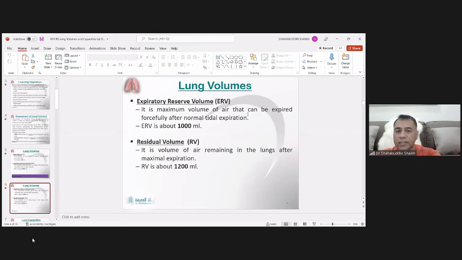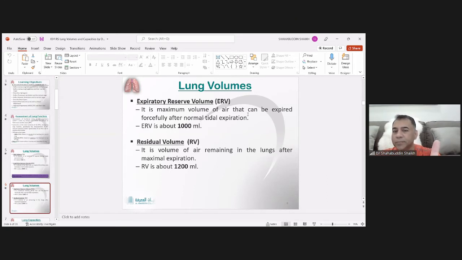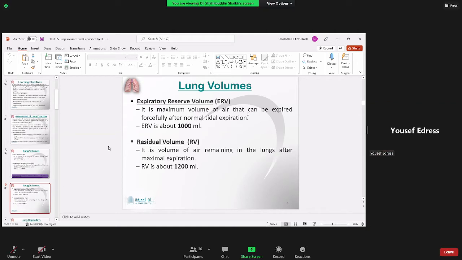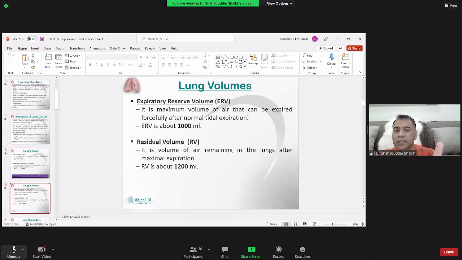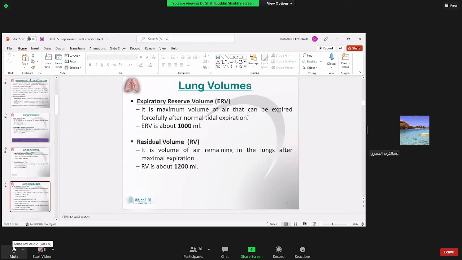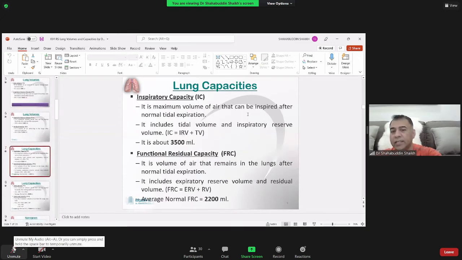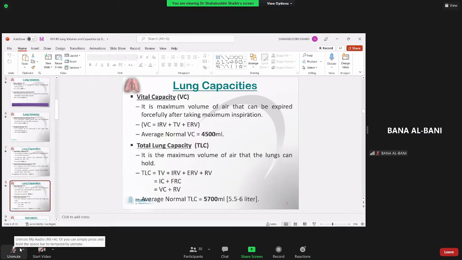The first is residual volume; the second is FRC, functional residual capacity.